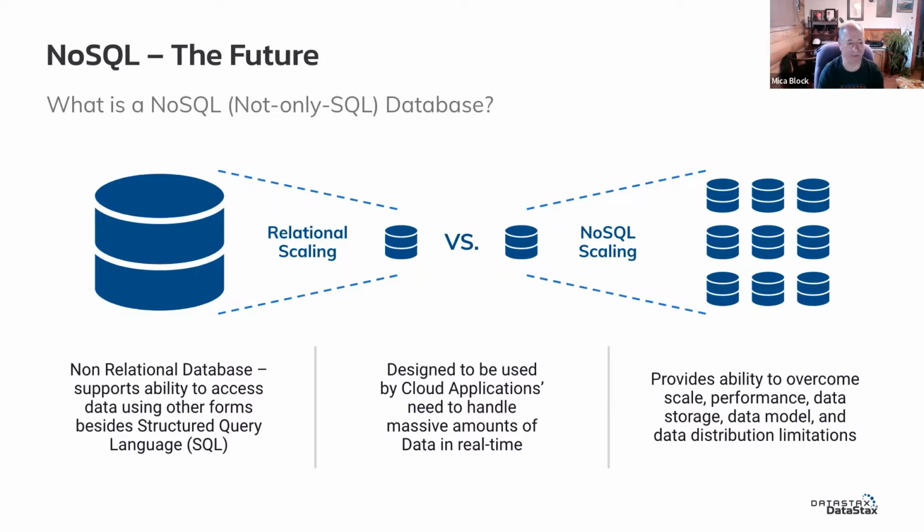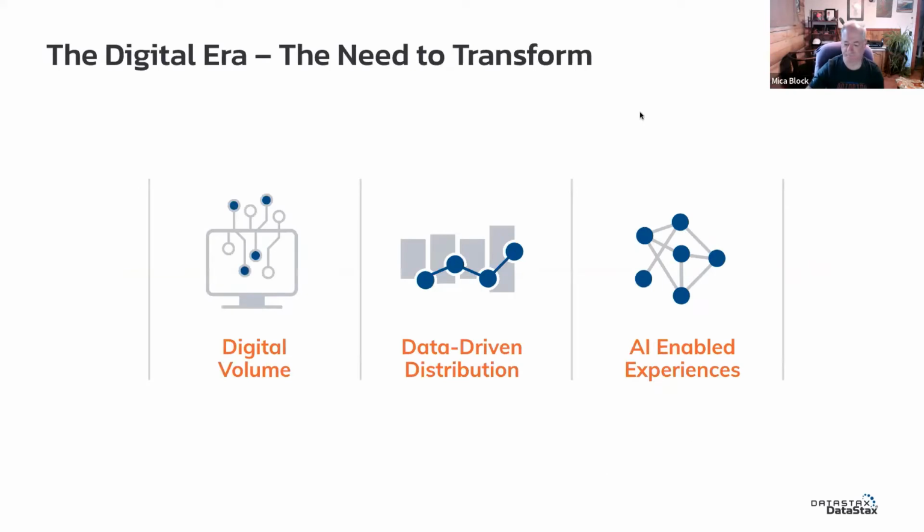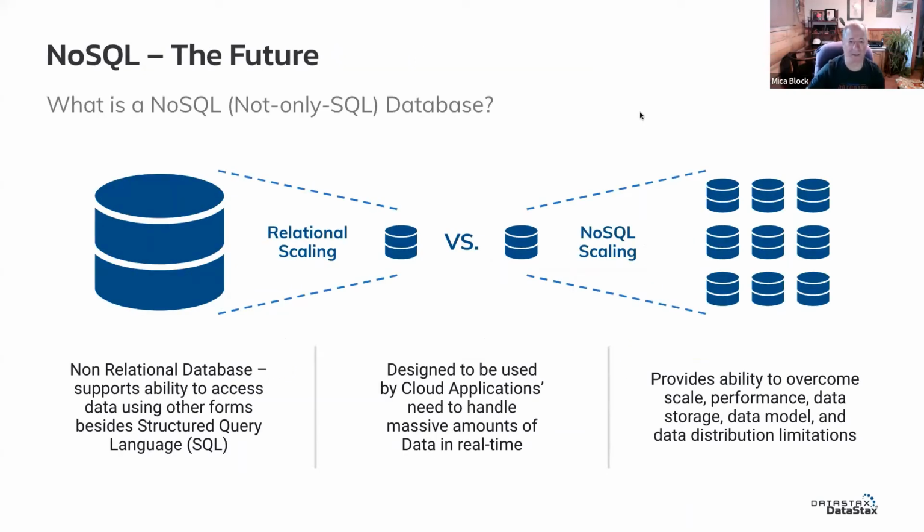But some of the characteristics of these NoSQL databases is that they're not necessarily designed around SQL. Typically, NoSQL databases are designed for use in cloud applications. They're designed to use massive amounts of data in real time. They overcome some of the challenges with relational databases. Relational databases typically scale by getting a bigger machine.